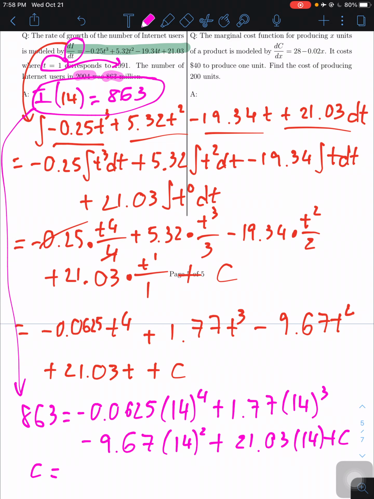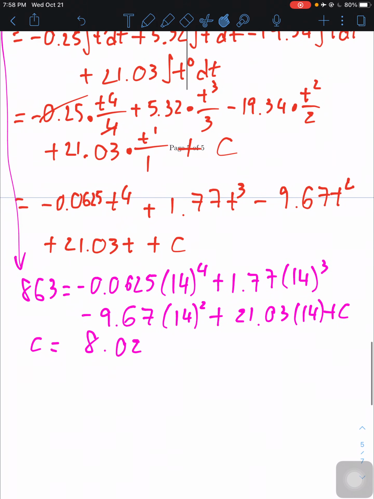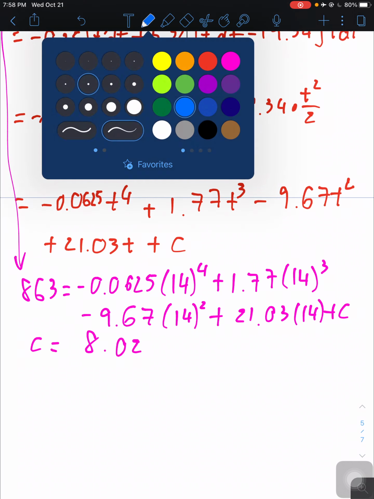Okay, so after I did all of that, I got c equals 8.02. And correct me if I'm wrong, okay? Because this is a long calculation, and I think I might have made some mistake. So anyways, the final answer, let me put it in blue.